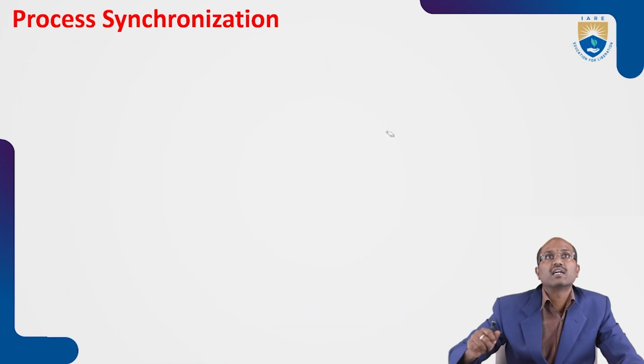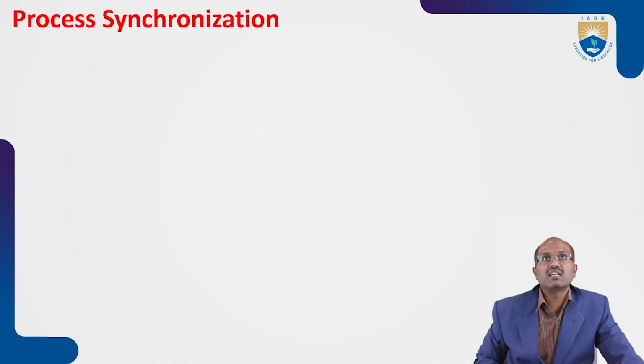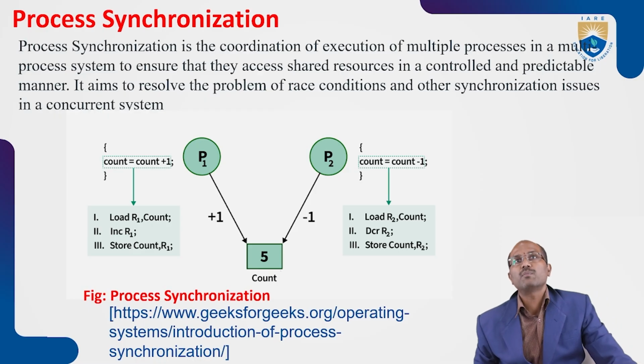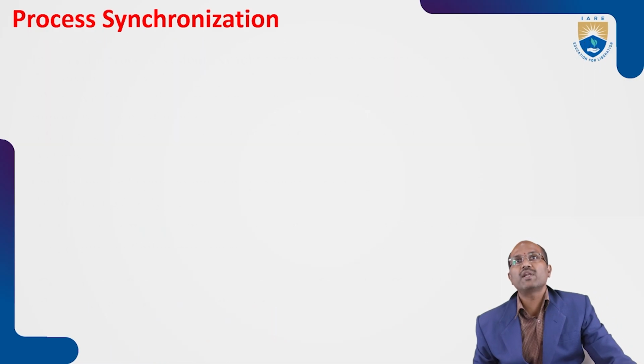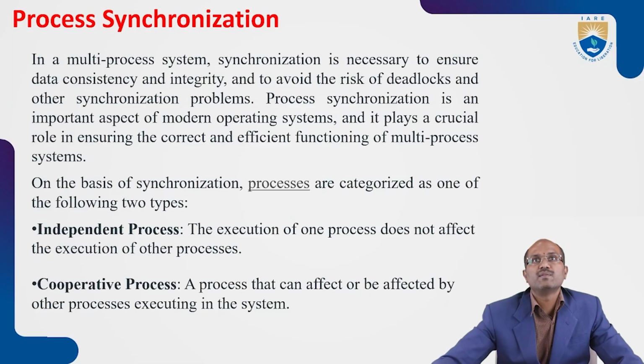Let me show that process synchronization in a multi-process system happens as either independent or cooperative. In this figure, P1 and P2 relate to each other in a cooperating fashion. Process synchronization is an important aspect of modern operating systems, especially in multi-process systems.